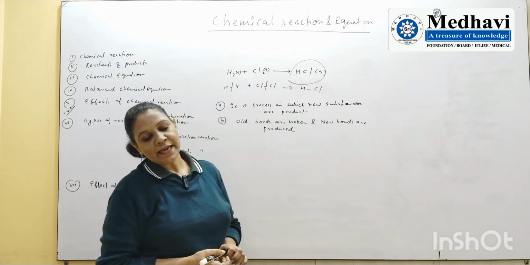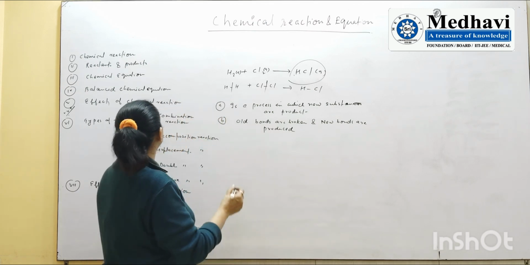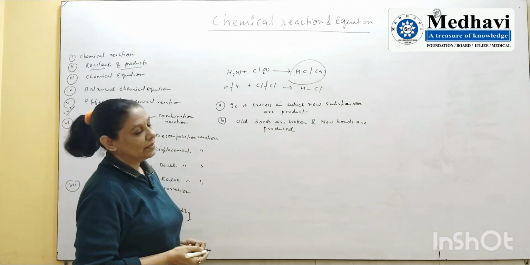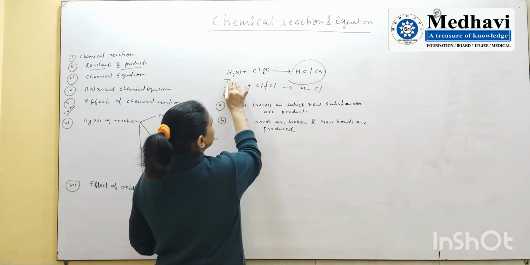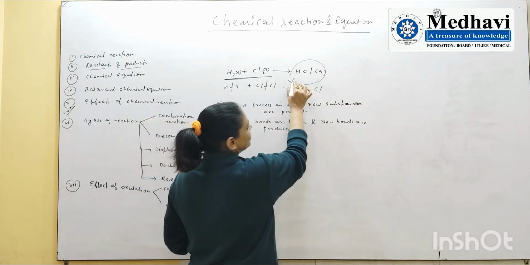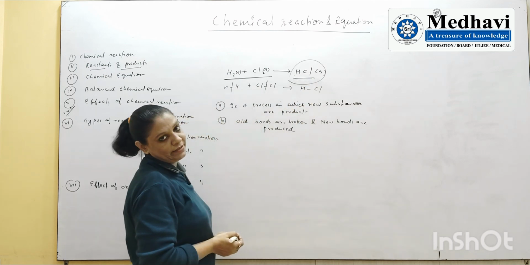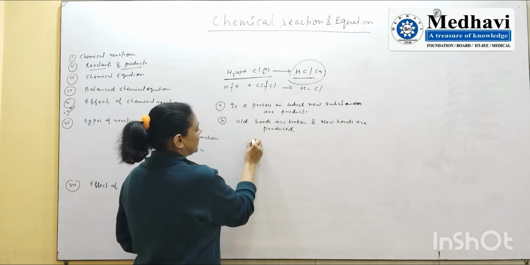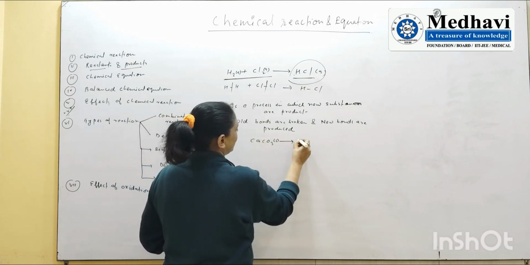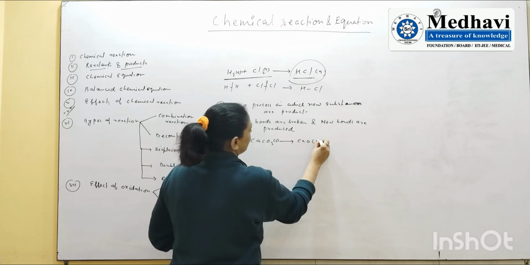So, to show the chemical reaction, we need two things. First is the reactant and second is the product. Here, hydrogen and chlorine are reactants, whereas hydrogen chloride is the product. One other example I am taking, CaCO3, calcium carbonate reacts to produce CaO plus CO2.